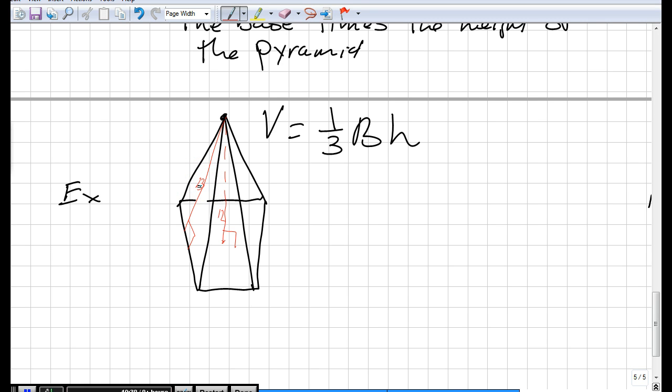So this is a regular square pyramid with its height of 12 and a slant height of 13. Find the length of the base edges and find the lateral area.